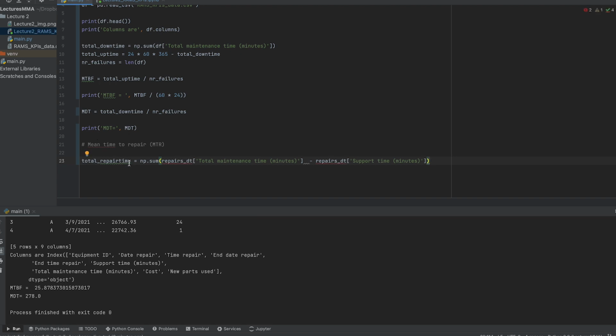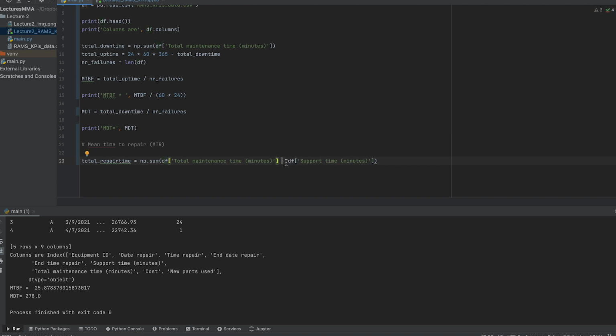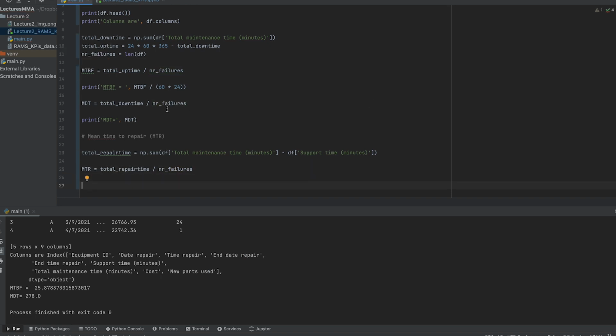You have to calculate the total repair time as the total maintenance time minus the support time, because you have to take out the support time from the total maintenance time, and only then you can calculate the mean time to repair as the total repair time divided by the number of failures, and then you can say mean time to repair, sorry, here should be T, equals the mean time to repair.